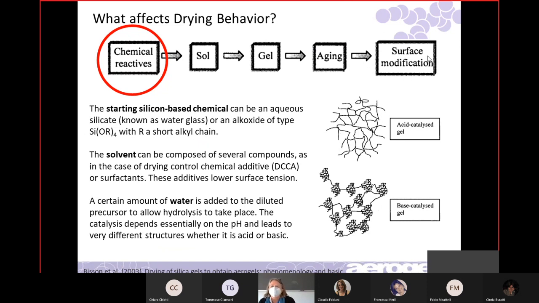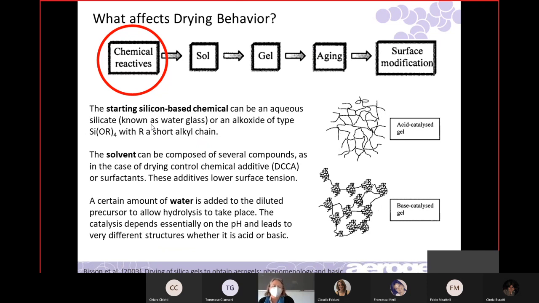So the starting chemicals, again, Mary talked about this yesterday, can be an alkoxide type, or a lot of people use something called water glass. We do not. Mary, you're talking a little bit about water glass tomorrow. It's another silicon starting point.